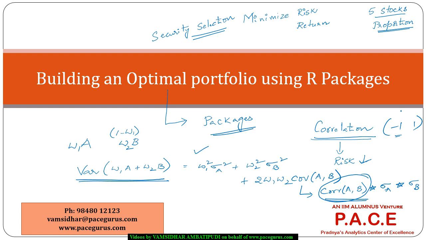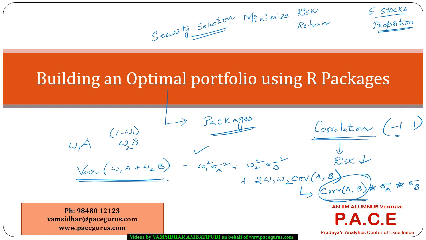But in reality, getting two securities with a correlation of minus 1 is very difficult. So what is that particular proportion or weightage which can reduce the overall variance of the portfolio is what needs to be understood.